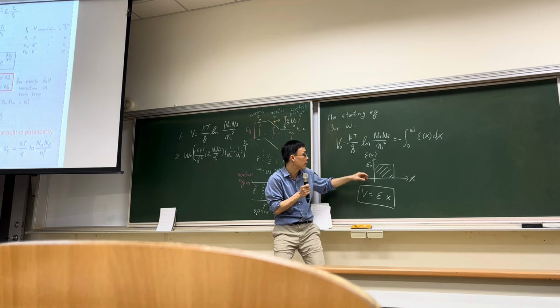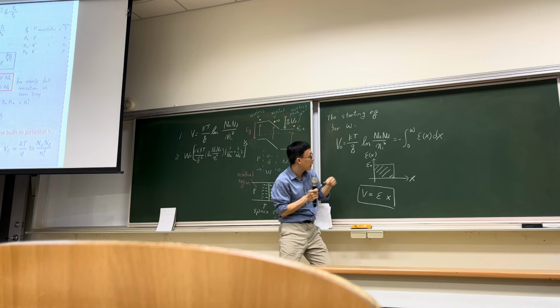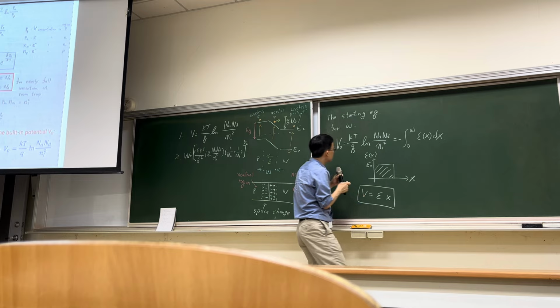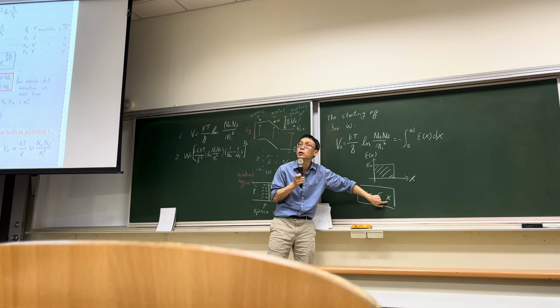So you can know the magnitude of the electrical field, and then you know the total area, which is equal to the contact potential. You know this, and then you know this, so you can determine the width of this depletion region, right?